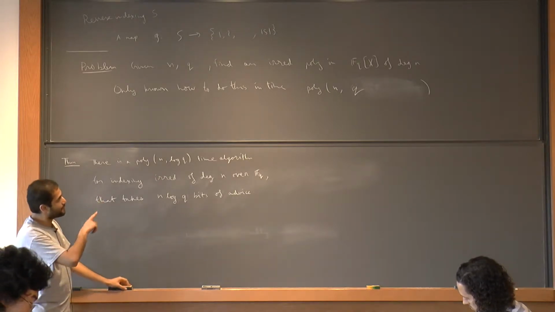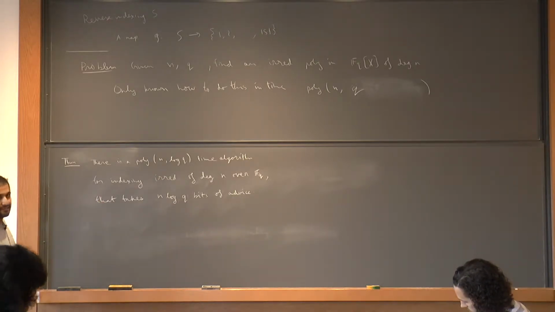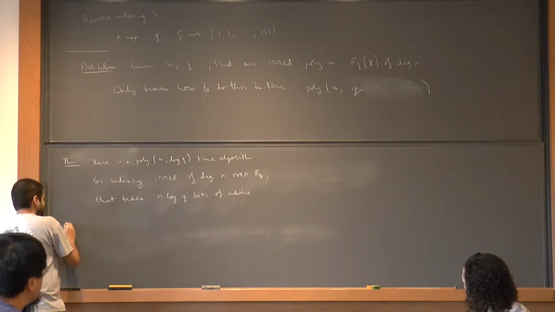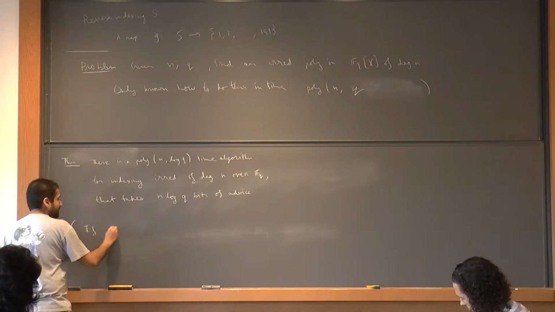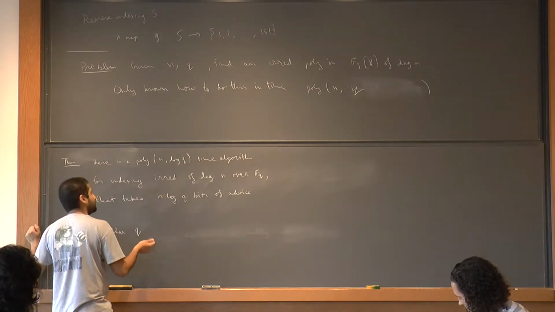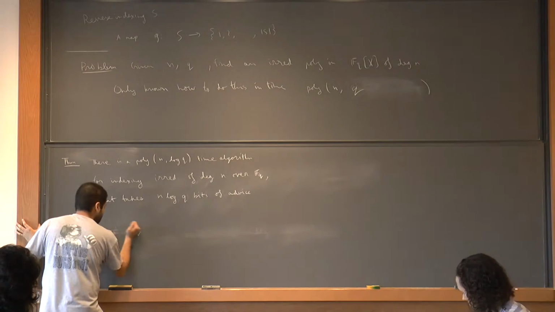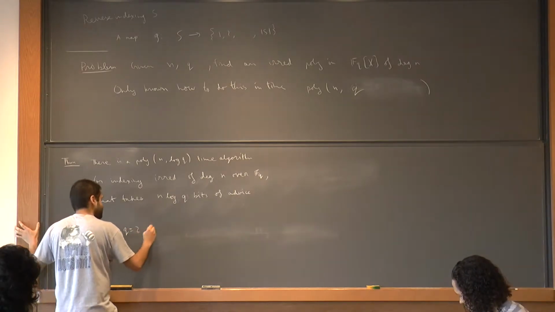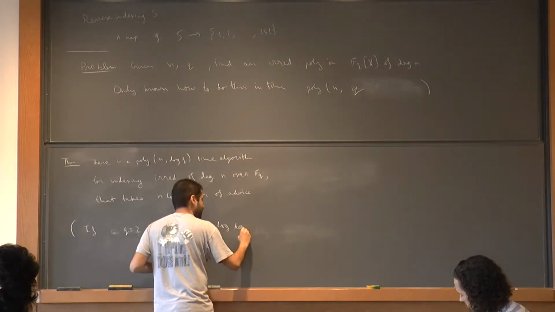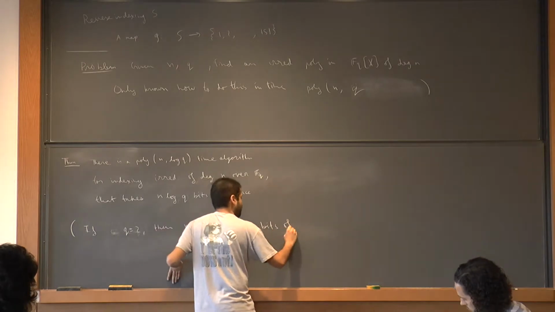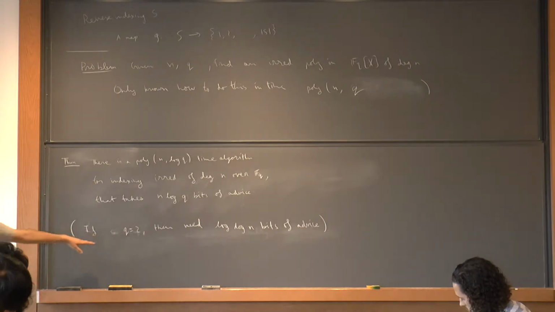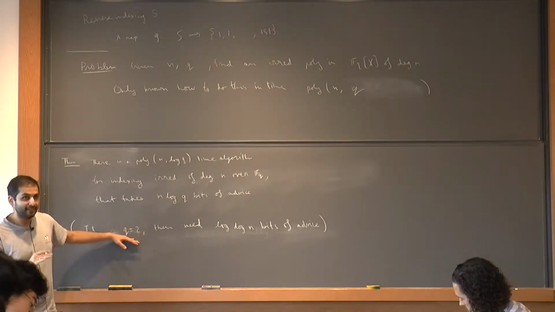Let me say something about small characteristic also. If the characteristic of the field is small, say q equals 2, then we need only log n bits of advice, even though over F_2 we do know how to produce an irreducible polynomial in time poly in n.